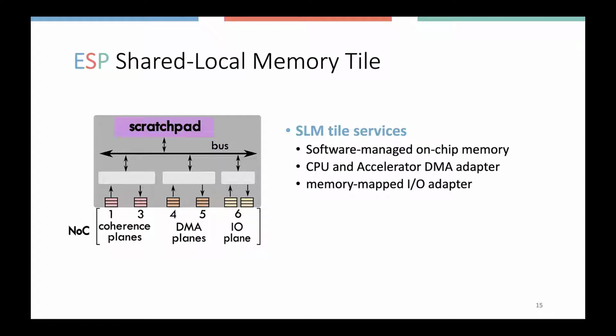So we support CPU and accelerator DMA, memory mapped IO access, and in the future we plan to support also fully coherent access in the scratchpad and reconfigure it at runtime. But for now, the coherency planes are used for small cores like the IBEX, when you do not instantiate the memory hierarchy, to make regular read and write requests to the scratchpad.